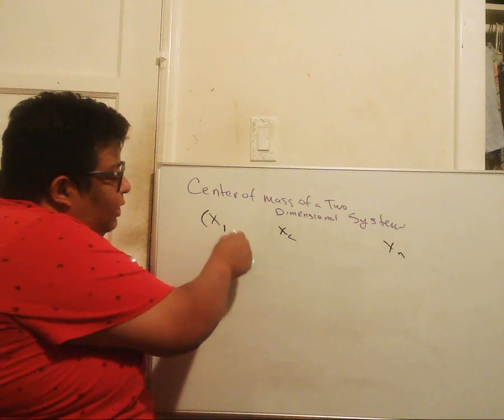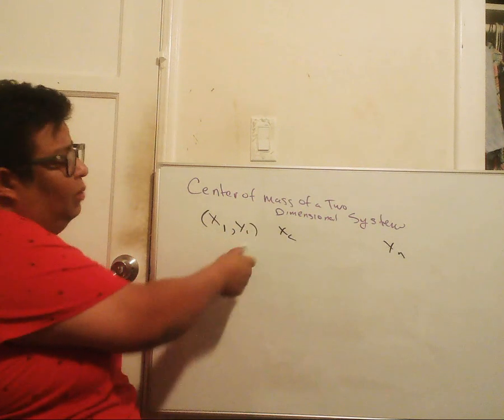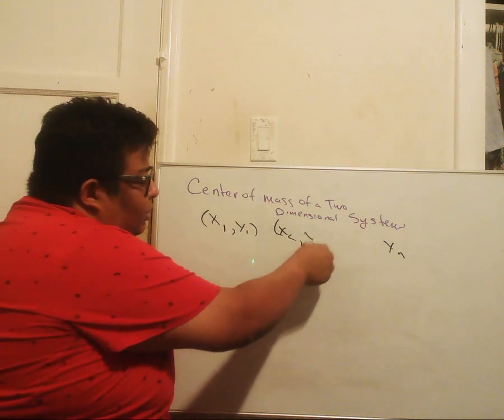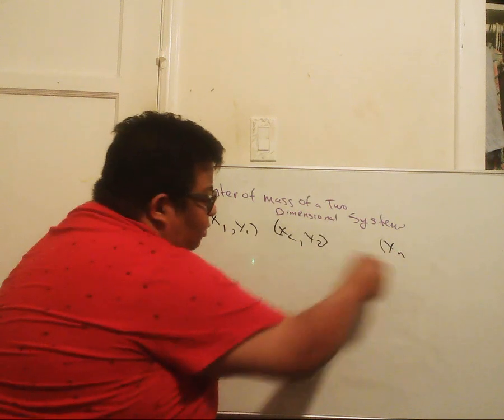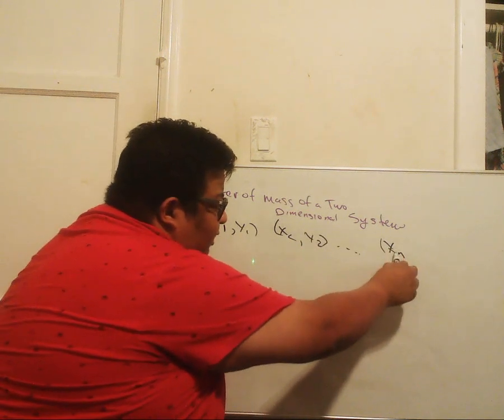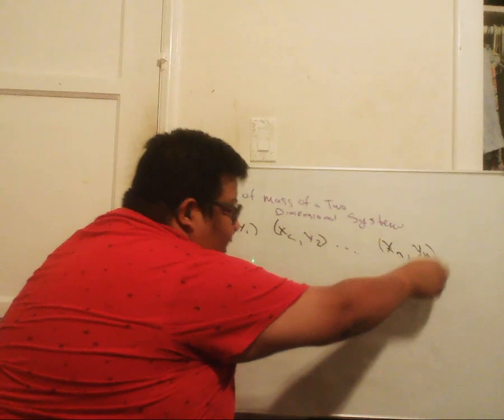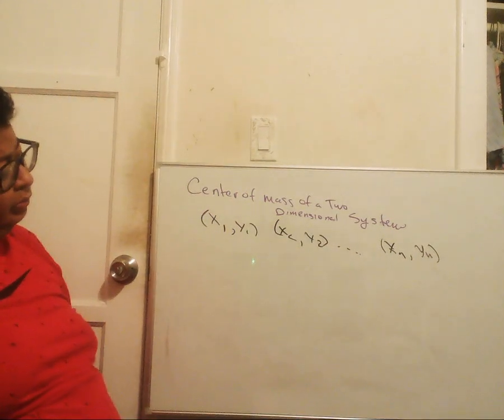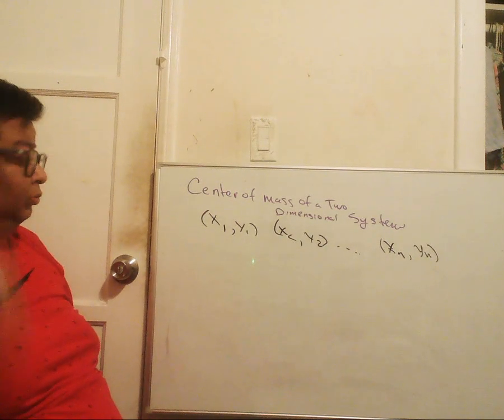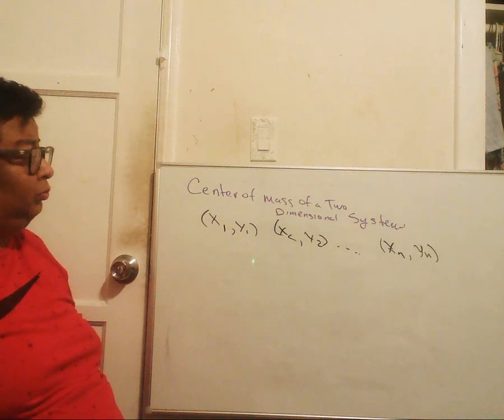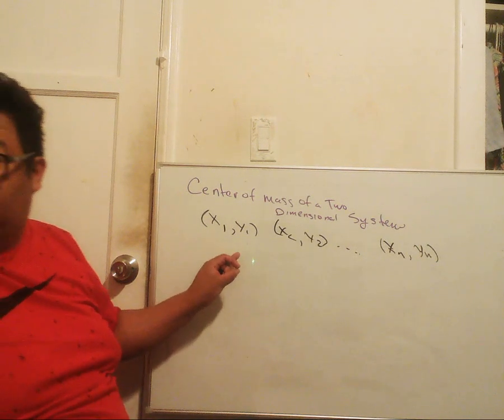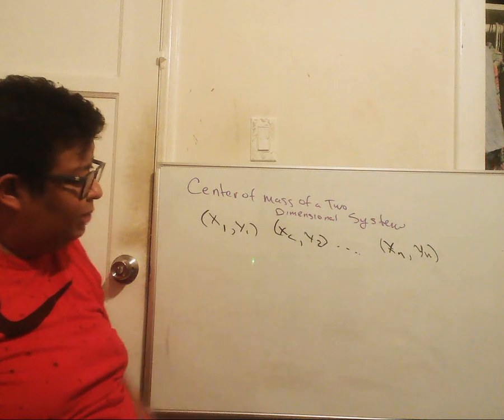So that means we have x1, y1, x2, y2, all the way to xn, yn. So basically, a two-dimensional system is an extension of the one-dimensional system.